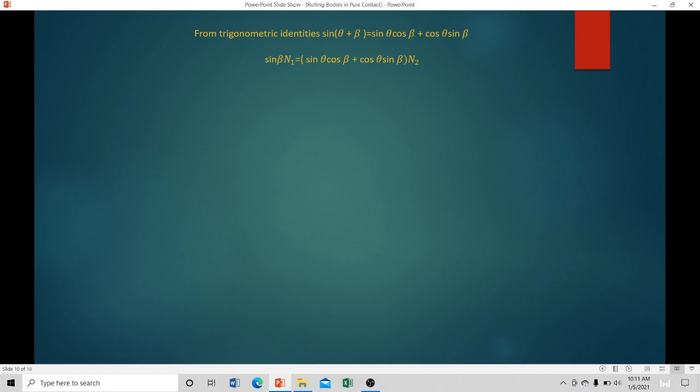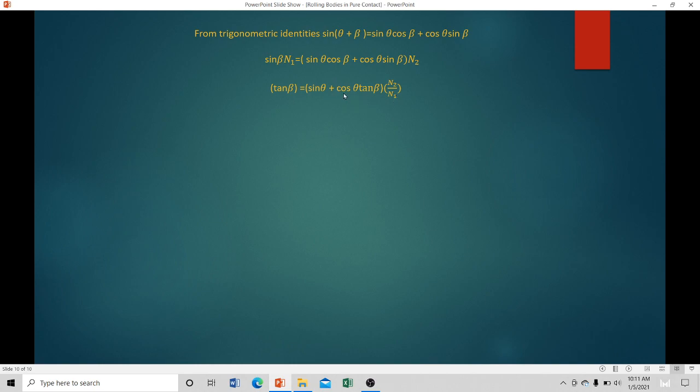If we divide by n1 and cosine beta, we get the form of the equation. So we have tan beta, and dividing by n2 over n1, tan beta is equal to sine theta plus cosine theta times tan beta n2 over n1.